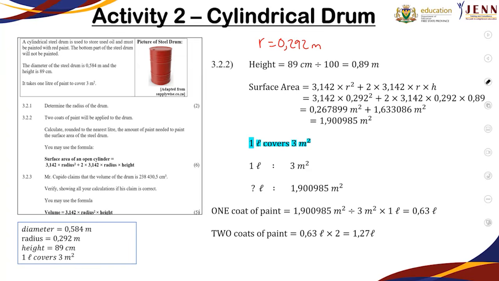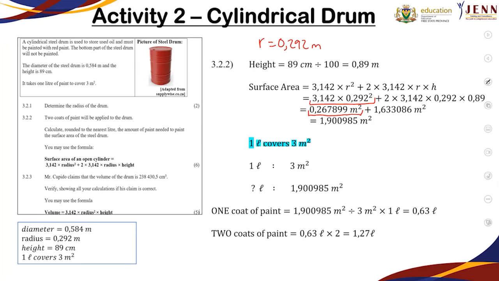All right, so once I'm there, I can break it up. I can first work out this portion: 3,142 multiplied by 0,292 squared gives me 0,267899 square meters.